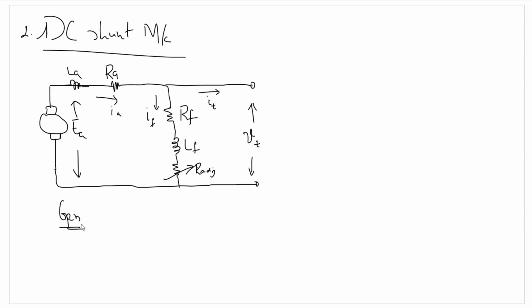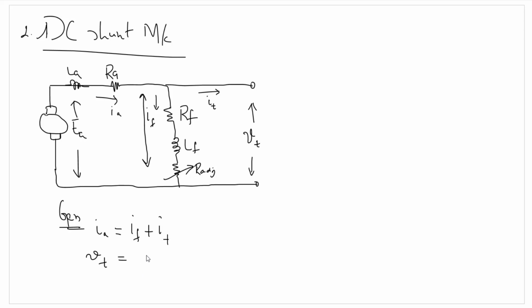So in this case, by using KVL and current divider laws, we can find out that IA is equal to IF plus IT, and by known voltage laws, VT will also be equal to the voltage across this path, that is IF RF plus LF dIF by dt plus IF into R adjacent. Now I'll assume that we are only talking about steady state voltage equations.